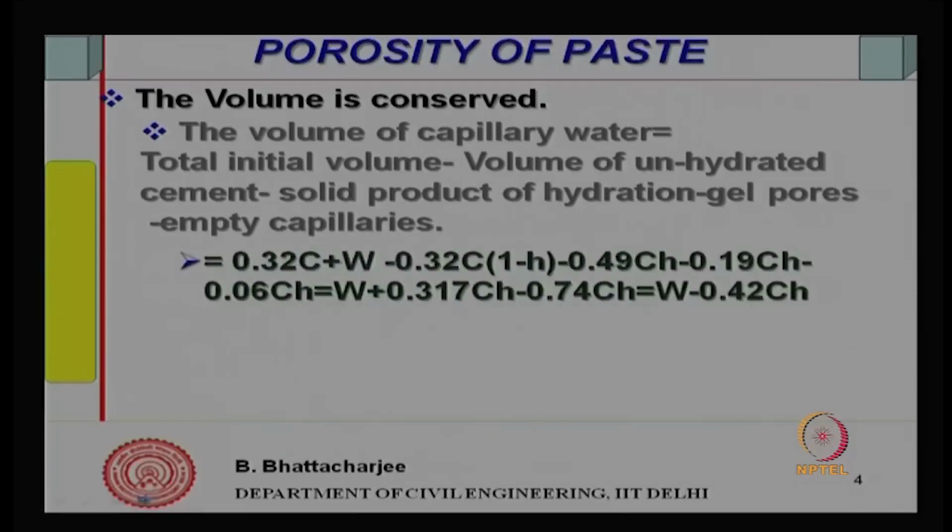If we do that, the total initial volume was 0.32 C plus W, the volume of unhydrated cement is 0.32 C into 1 minus H from the previous diagram, the volume of solid hydration product is 0.49 CH, gel pore is 0.19 CH, and this is empty capillaries. In this, you can see that 0.32 C and 0.32 C will cancel out because there is a minus sign. So you will be left with the rest.